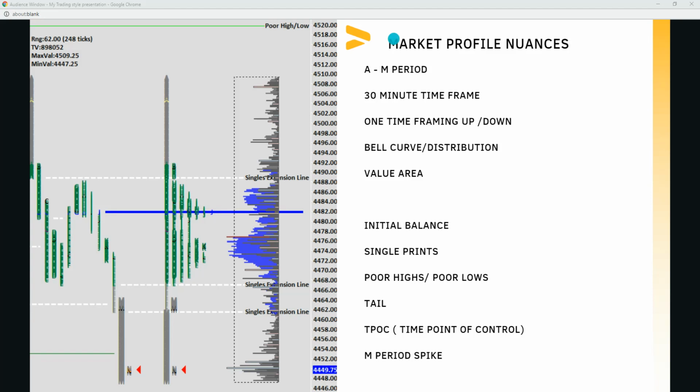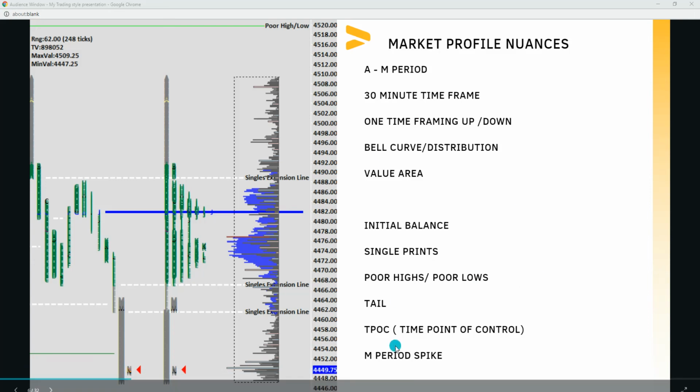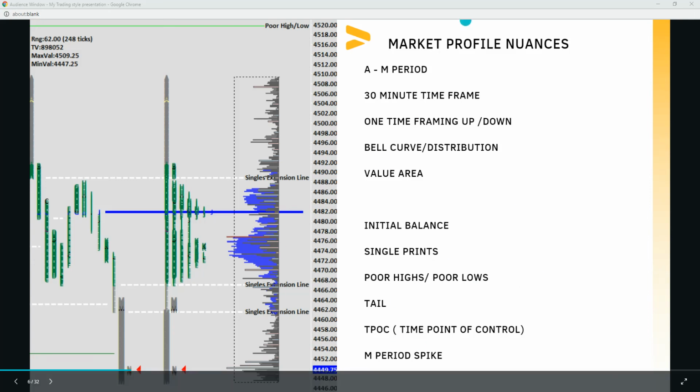So basically, we really have to make sure that we're reading the flow of the present market, and it's always very easy to get caught by all the nuances around market profile. So my suggestion to most traders is learn the nuances, learn which ones will work, apply several of them in your trading, and try to keep it simple when it comes to all the little details of a market profile.